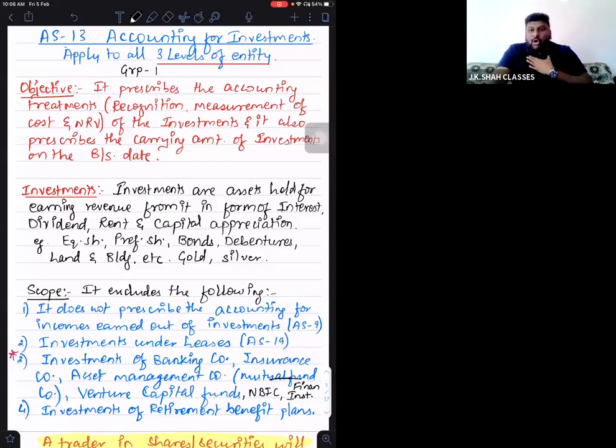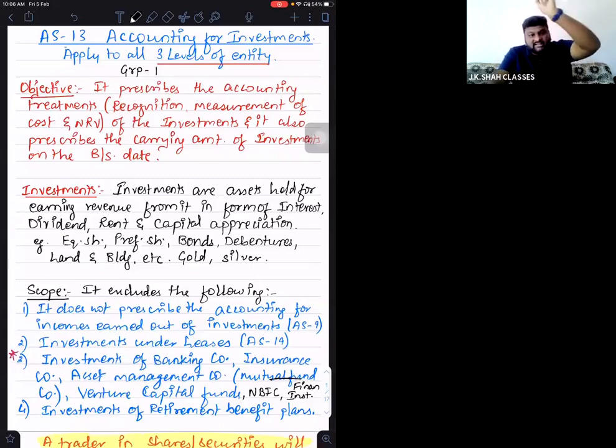But sir, I am a normal retail investor and I have mutual funds. For me, AS13 is applicable. Right? Say I have Kotak mutual fund with me. So for me, AS13 is applicable. But think from Kotak mutual fund company. Kotak mutual fund company also might have invested in shares or securities of others, because when I pay Kotak, Kotak will invest somewhere, and whatever Kotak earns, they will give me appreciation.